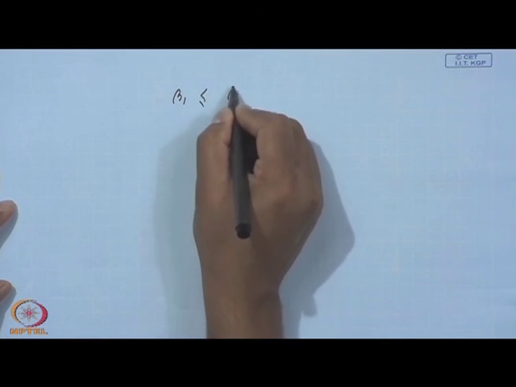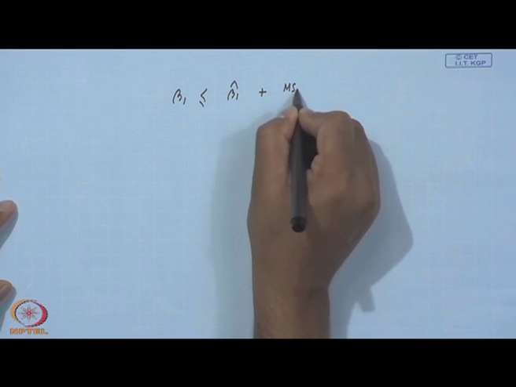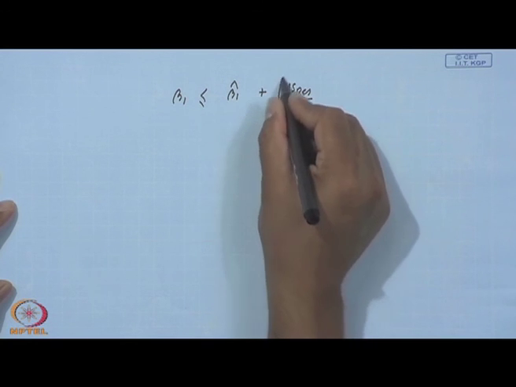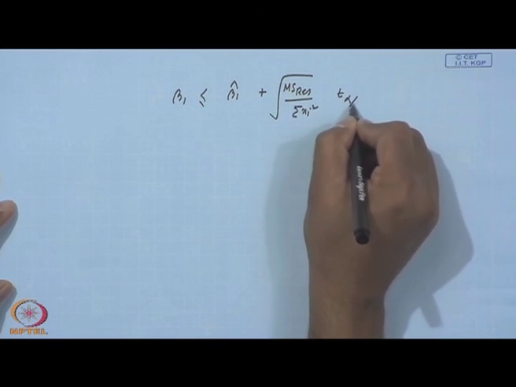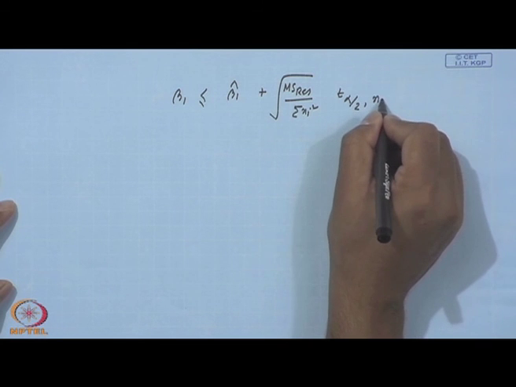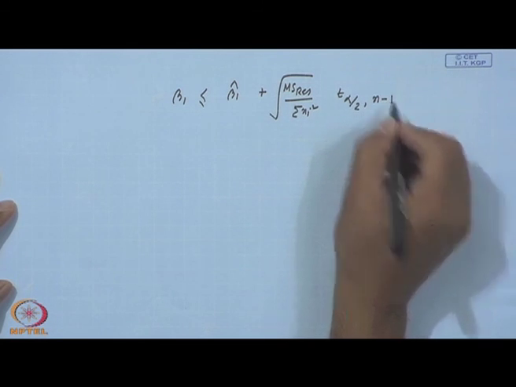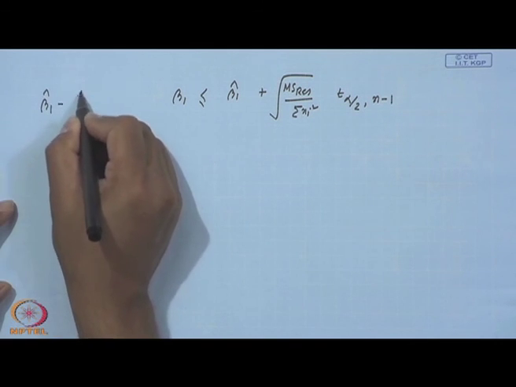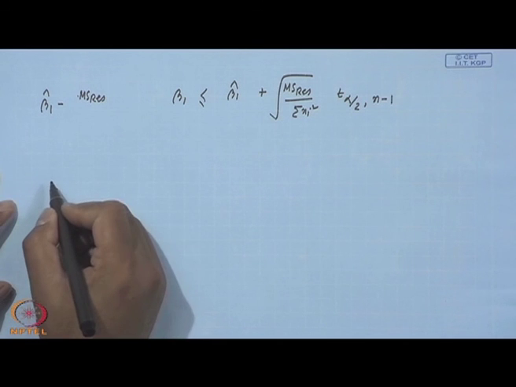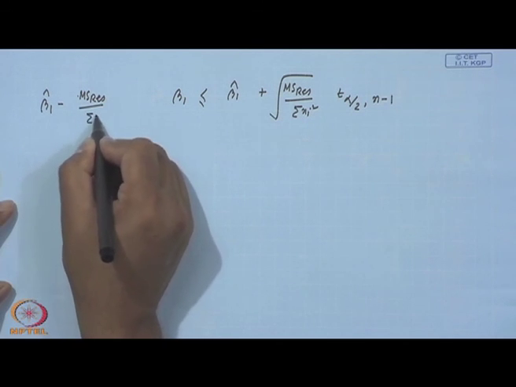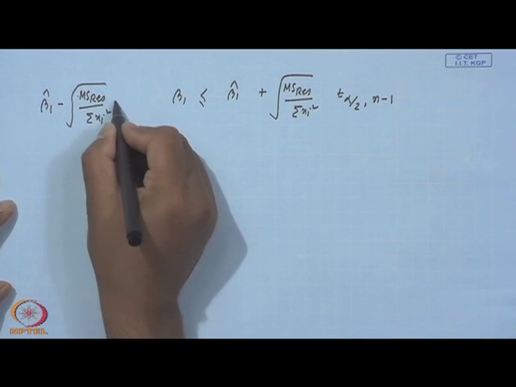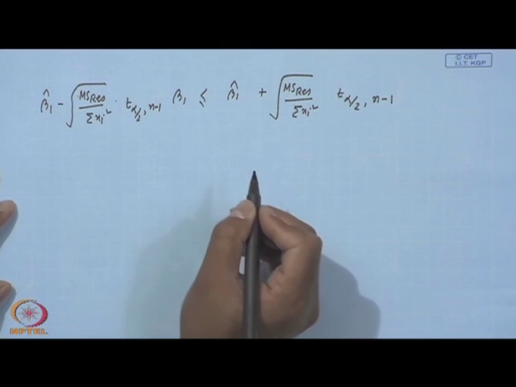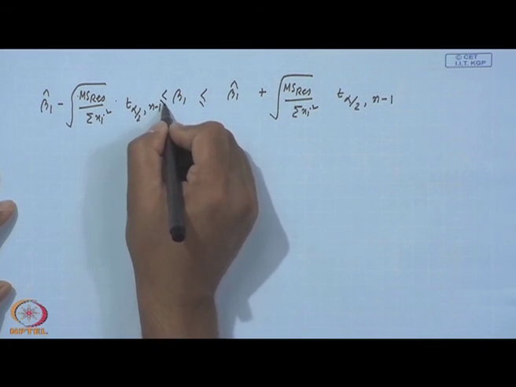The upper bound is beta 1 hat plus the square root of MS residual by summation x_i square into t alpha by 2, n minus 1, and the lower bound is beta 1 hat minus the square root of MS residual by summation x_i square into t alpha by 2, n minus 1. This is the lower bound.